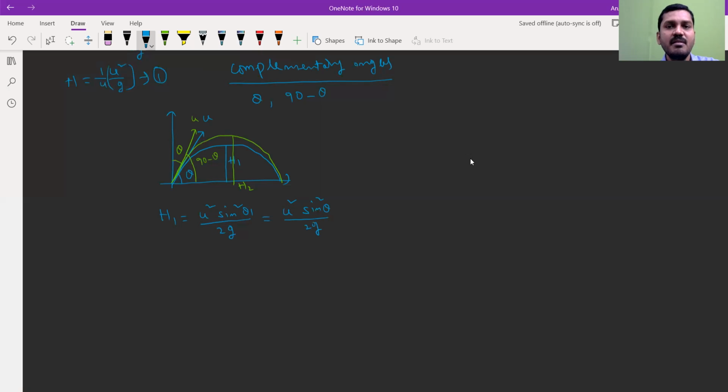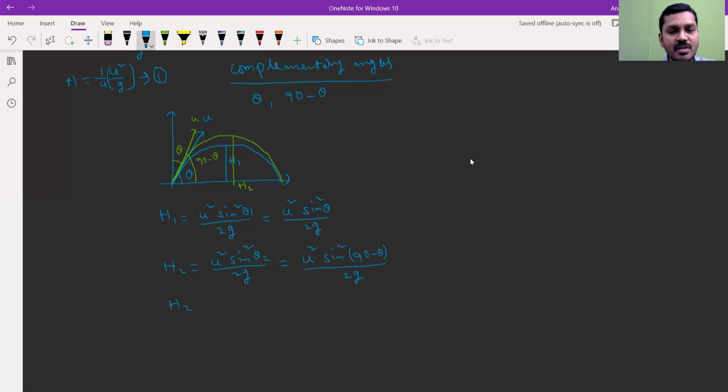Similarly, the maximum height of the second body h2 is equal to u square sine square theta 2 divided by 2g, which is equal to, substituting the theta 2 value, u square sine square (90 minus theta) divided by 2g.